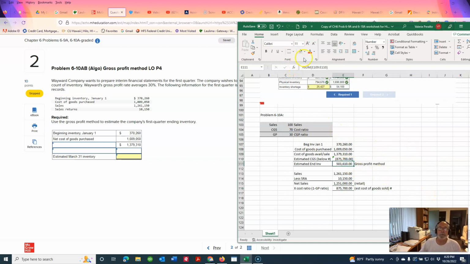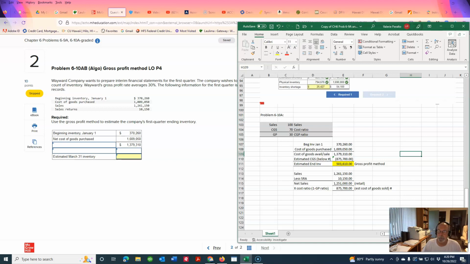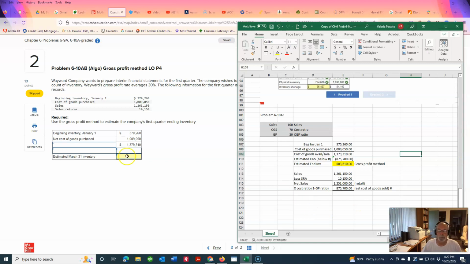Okay, so this should be our final answer, and let's see if those work when we put them in our answer sheet in the problem.